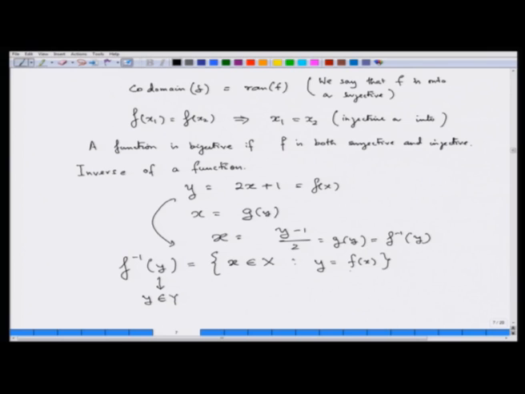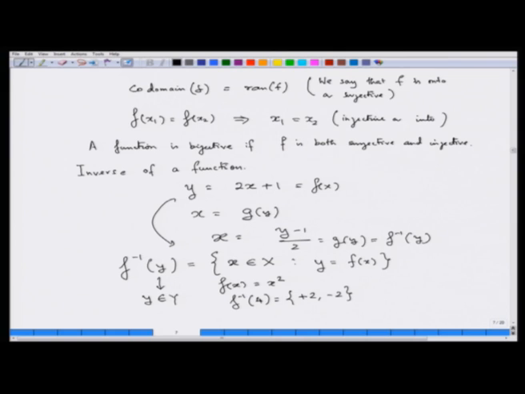If I take the function f(x) equal to x squared and I ask what is f inverse of 4, then this set consists of 2 elements, +2 and -2. So, f inverse is really not a function, because for a single element 4, I have 2 outputs, +2 and -2.